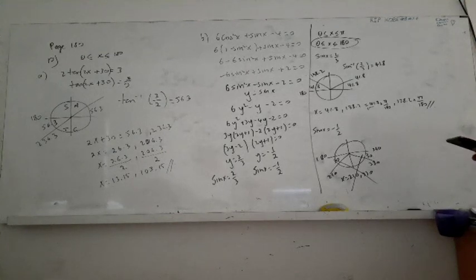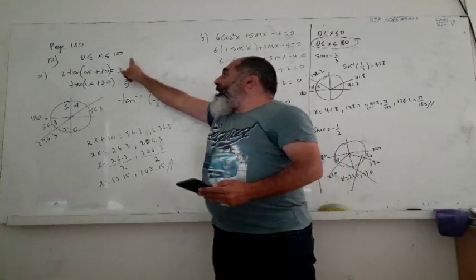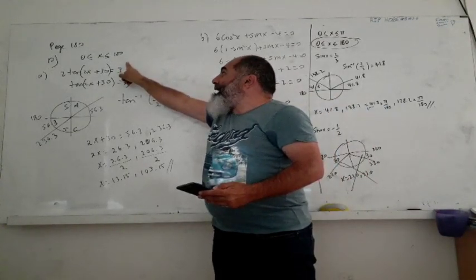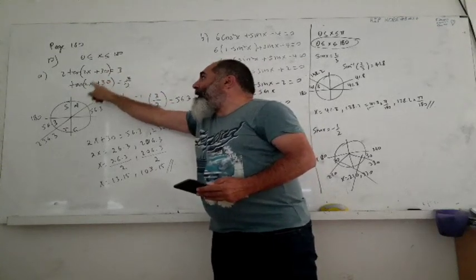Very similar questions to the ones that I solved for you in the school or here during the online lessons. Here again, be careful. In the book there is an editing mistake. They forgot to put that bracket. So I correct the question, then solve it.